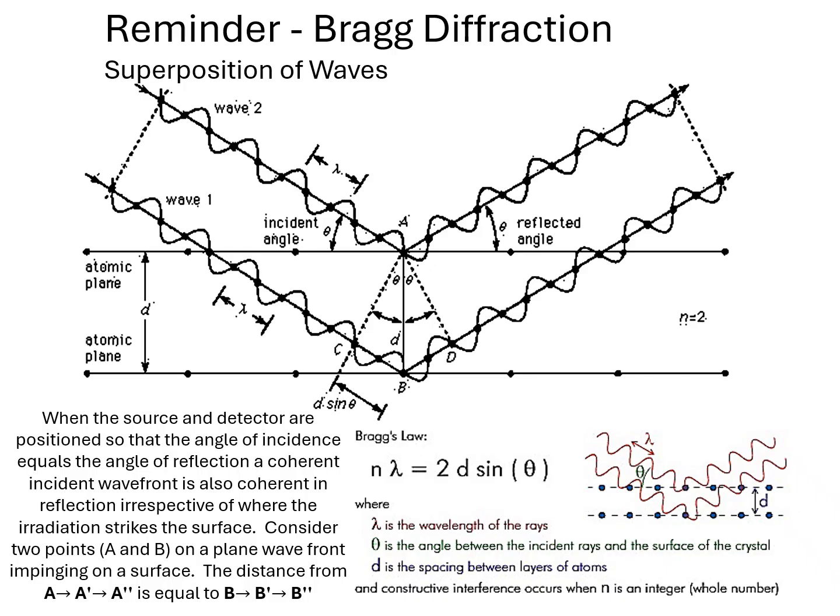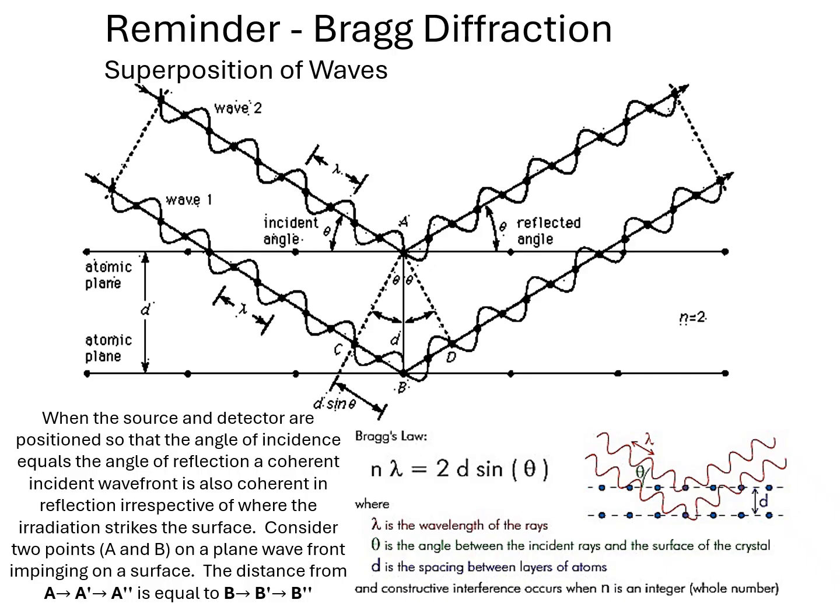If we have a coherent, parallel wavefront interacting with a material with atoms arranged here in a regular array, there are a number of different things we need to consider. First is the angle of incidence.